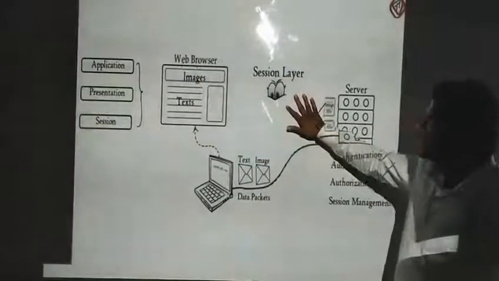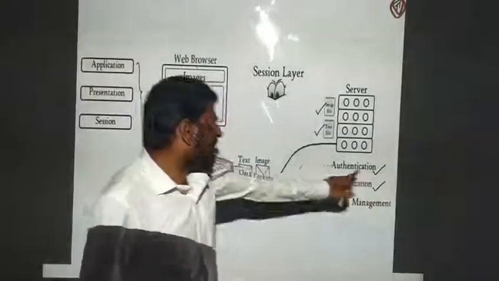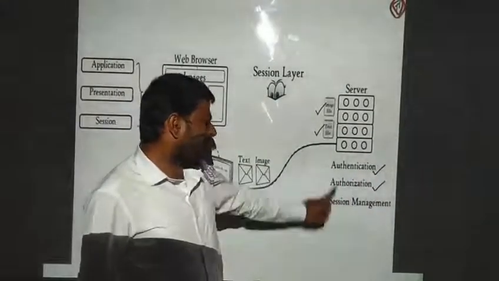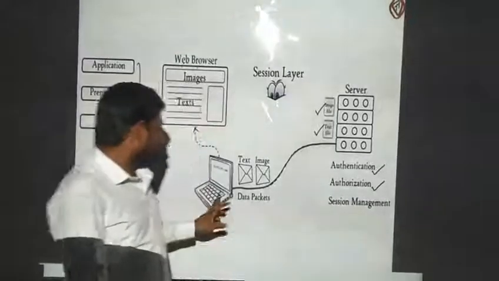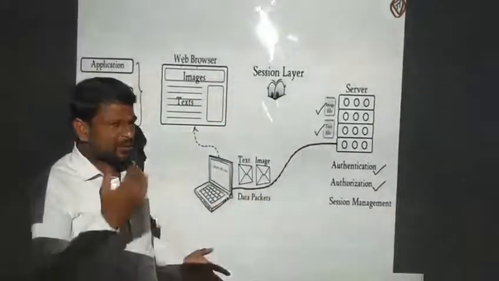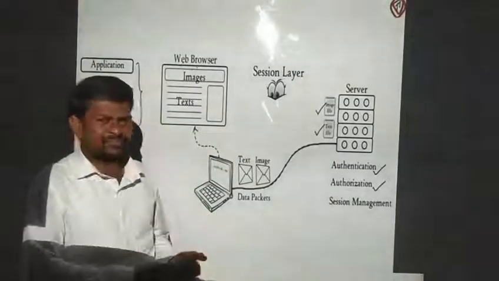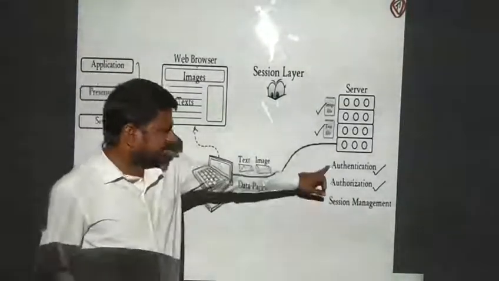Here the session layer mainly does three things. What are they? Authentication, authorization, and session management. Authentication means what? To access the server, the client side will be asked to give a username and password. That is called authentication.